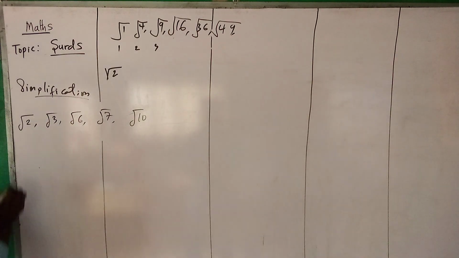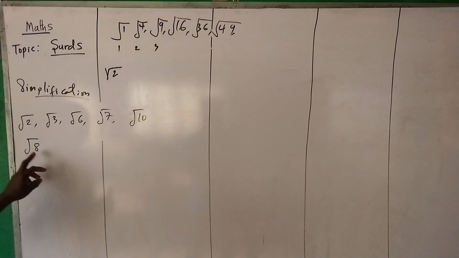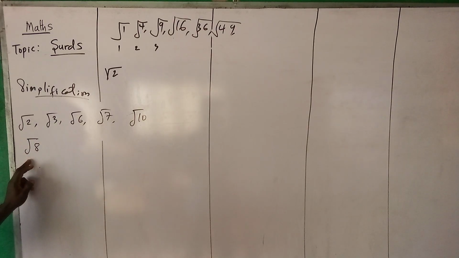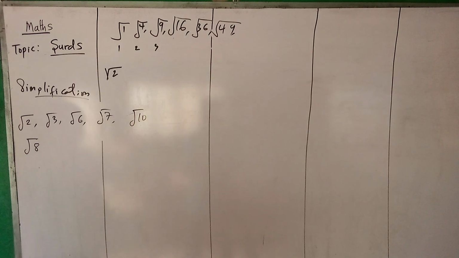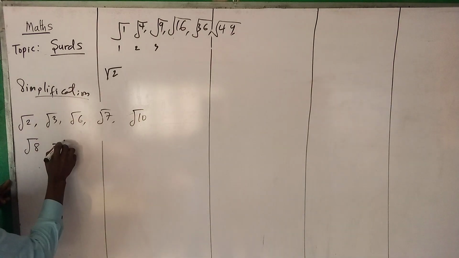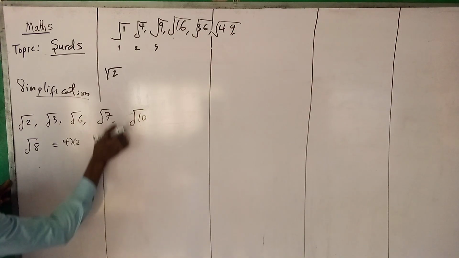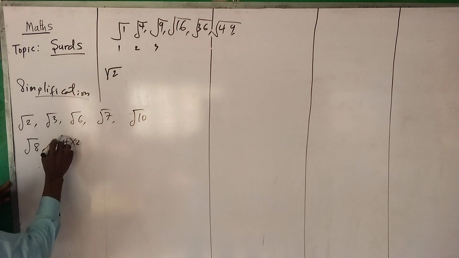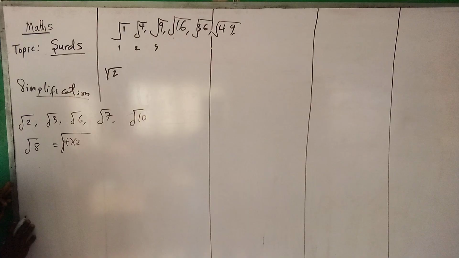Now, what of √8? Even though 8 is not a perfect square, you can reduce this surd, you simplify it. How does that happen? Look, 8 is the same as writing 4 times what? 4 times 2, right? So if you have √8, it's the same as writing √(4 times 2).